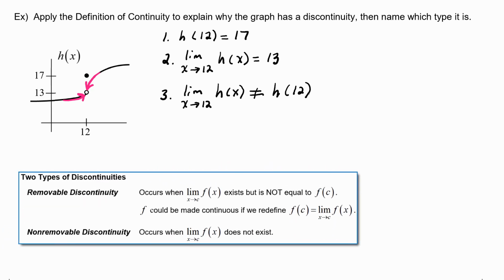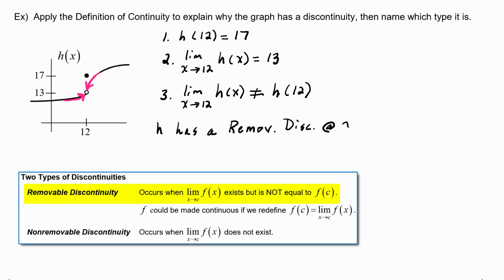When the limit exists but does not equal the function value, we know that means we will have a removable discontinuity. So h has a removable discontinuity at x equals 12.